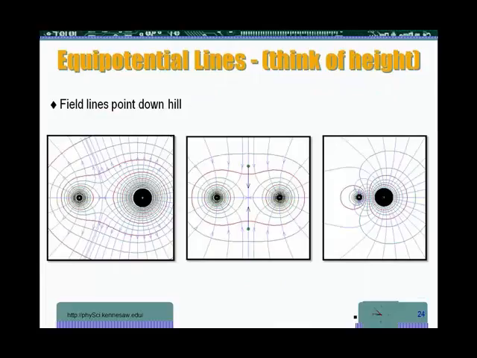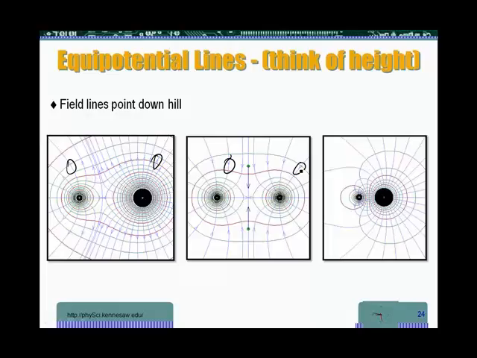Okay, now here we discussed the electrical fields. The equipotential lines, or the lines where we have the same potential, are still drawn, but the electrical field, remember, is going to point away from a positive charge, like you see it here, and towards a negative charge.